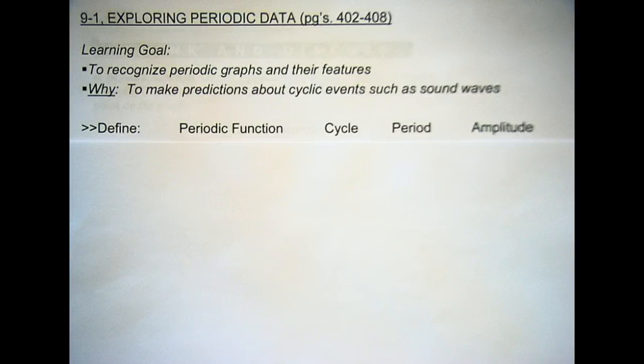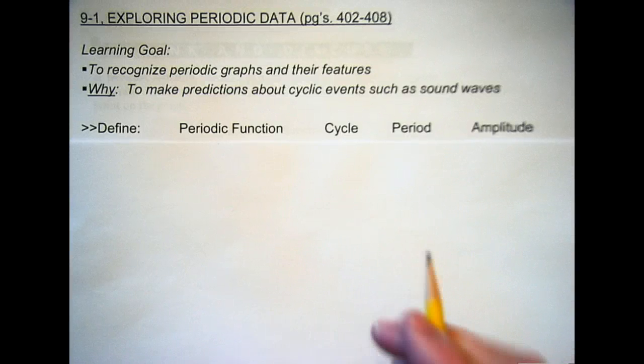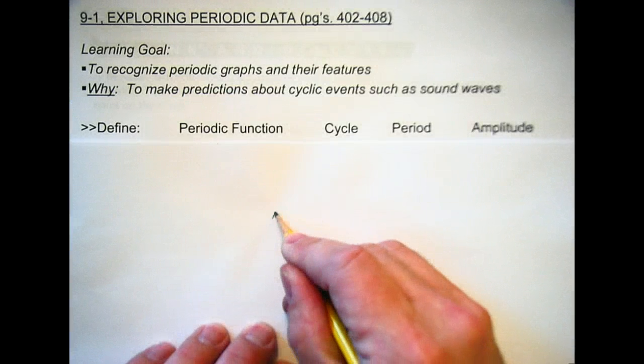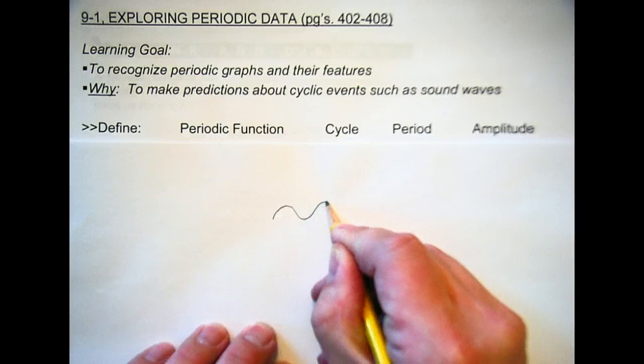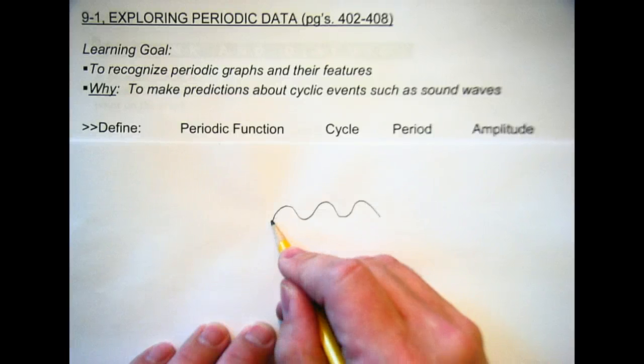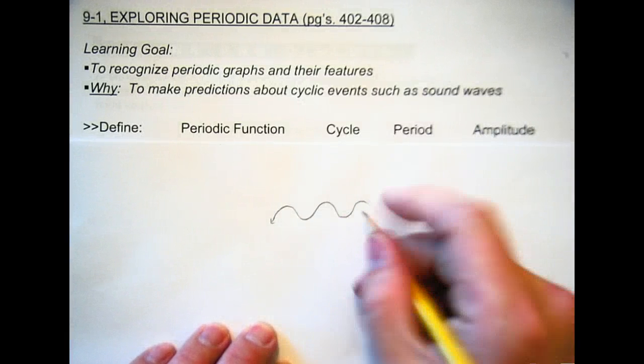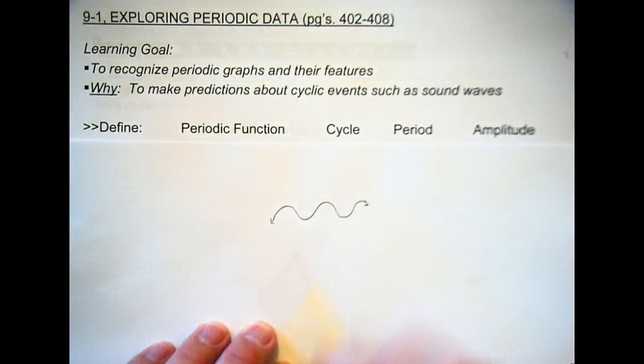What's a period? Maddie? The horizontal length of one cycle. Good. So it's the length of a cycle. A period represents the length of one cycle. Okay, so if this is our function, this is our periodic function, the graph of it, okay? Kind of messed up there at the end, but that's our periodic function.